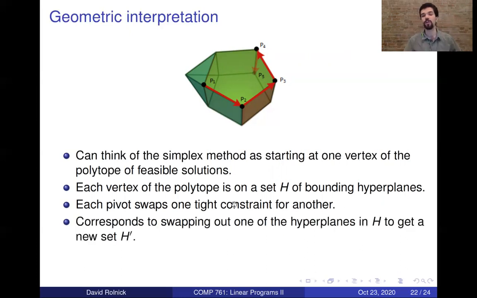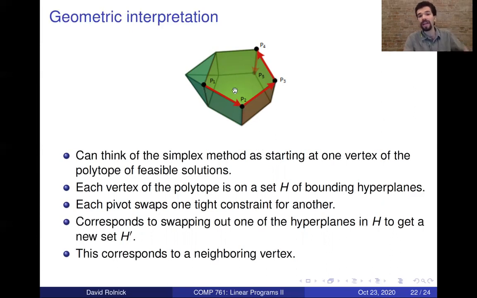And that corresponds to getting a new set of hyperplanes and taking a trip along an edge to a neighboring vertex. So you're walking along the edges of the polytope to a neighboring vertex, and you're basically walking in the direction of increasing the objective function. So this is the intuition that you should have geometrically for how you are getting to the optimum.